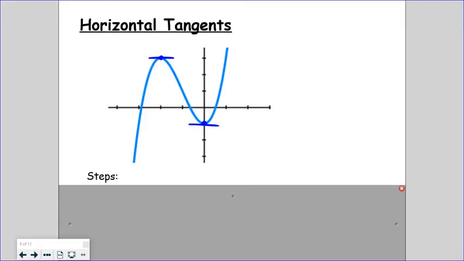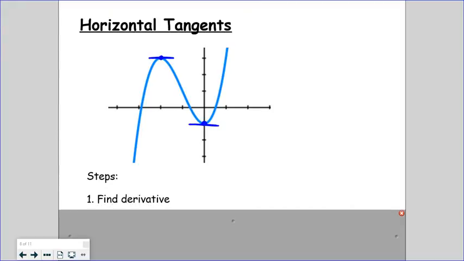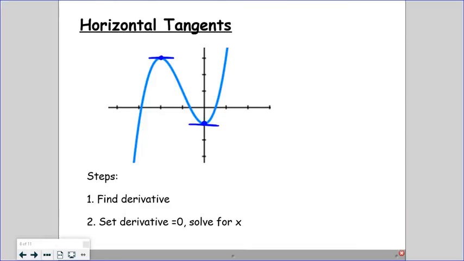So how do we find horizontal tangents given a function? You kind of follow these two steps. Step number 1 is just find the derivative. Okay? So if they give you a function, to find its horizontal tangents, go find its derivative. And the horizontal tangents will be where your derivative is 0. So then after we found the derivative, we find its zeros. And how do you find zeros of a function?